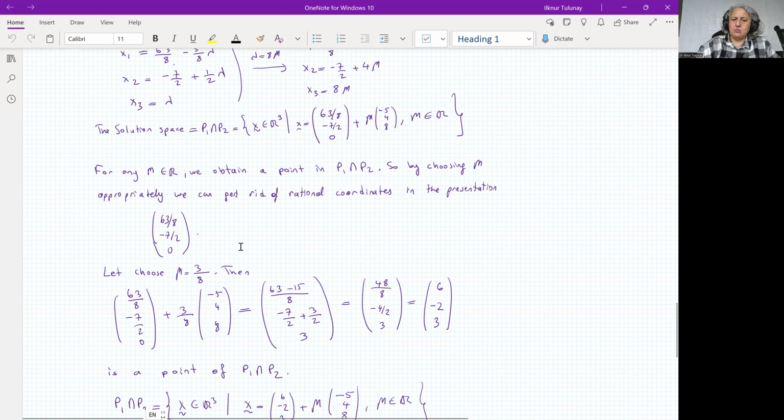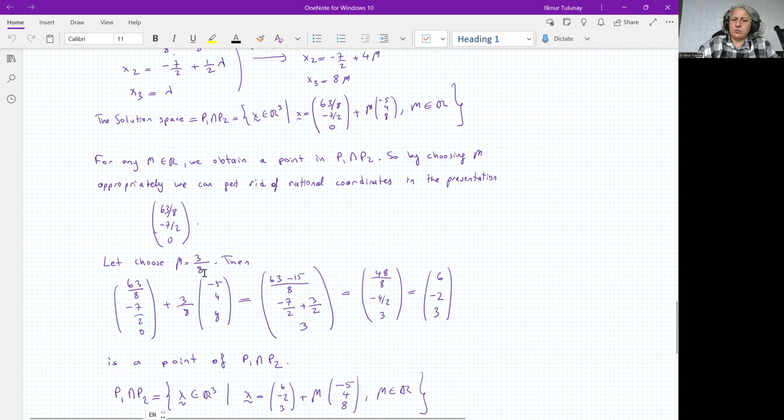If you choose mu equal to 3 over 8, sorry, then you will find another point such that it is in the intersection of P1 and P2, because it satisfies this equation. 6, -3, 2 is the point, and -5, 4, 8 is the direction vector for the line, which is the intersection of these two planes.